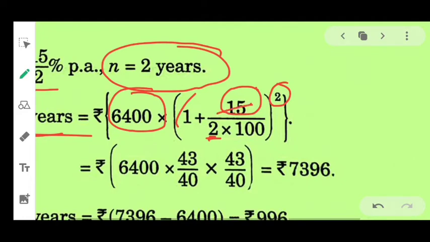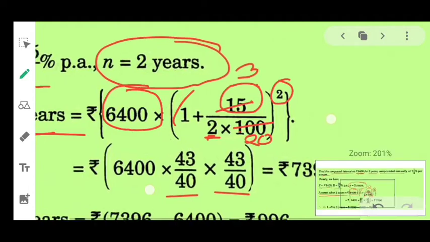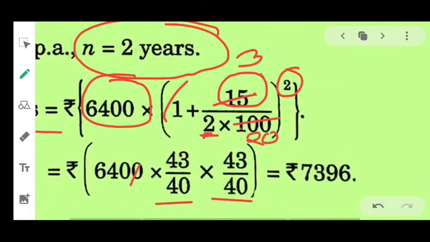Okay, 2 into 20 is 40, into 1 is 40, plus 3, so 43 by 40, square, that will be 43 by 40 into 43 by 40. So 0 0 will be cancelled.